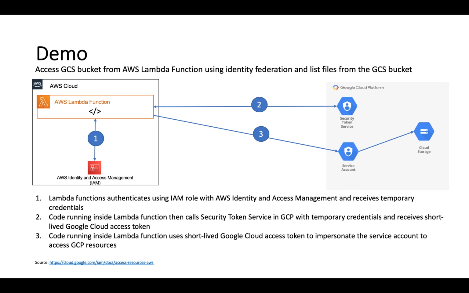The way it works is you have a Lambda function that has an IAM role. If you're coming from an AWS background, you will understand this better. When we try to make a call to a GCP resource using the GCP SDK, behind the scenes the SDK first talks to the security token service in GCP and gets temporary credentials.